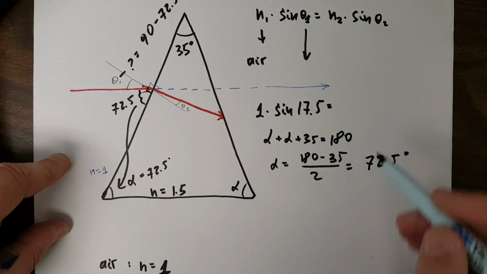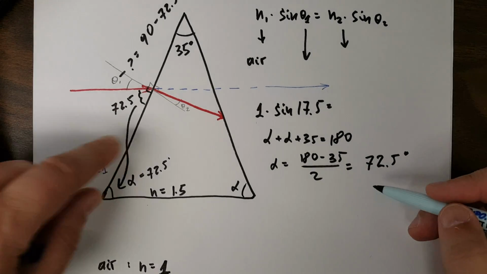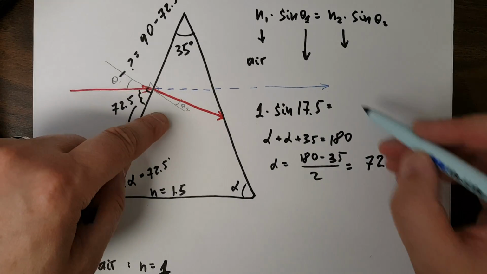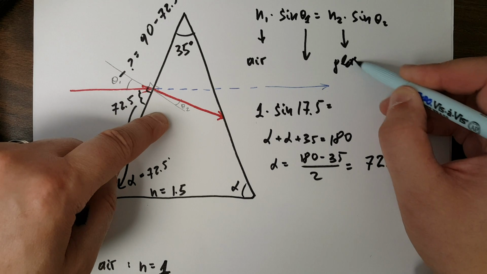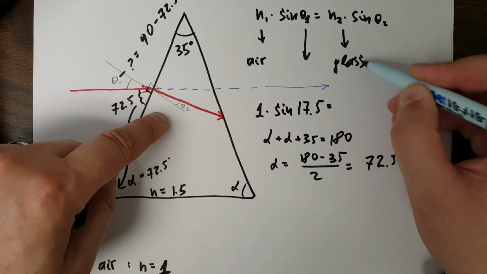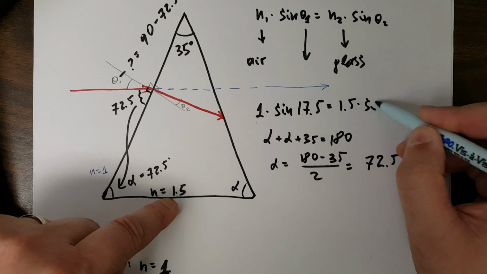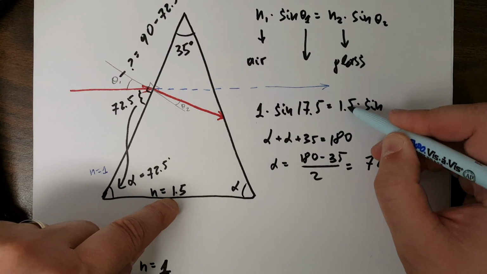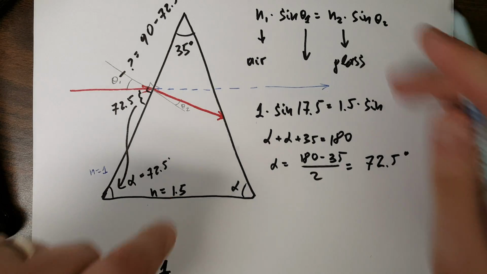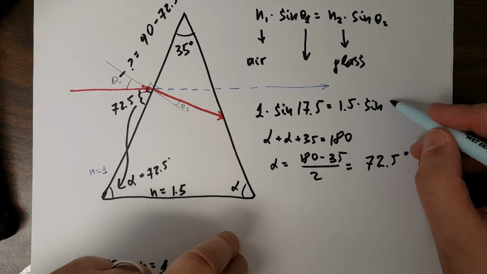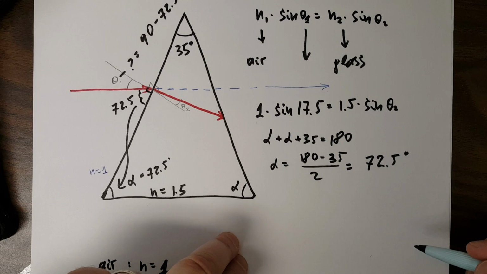And that has to be equal to, well, the second medium in this situation is glass. And for the glass, n equals 1.5 times this. And what do we write here? Well, that's exactly what we are looking for. That's an unknown. So we just keep a variable.